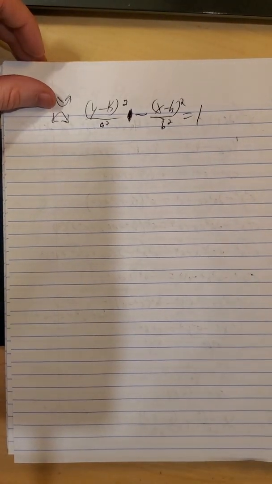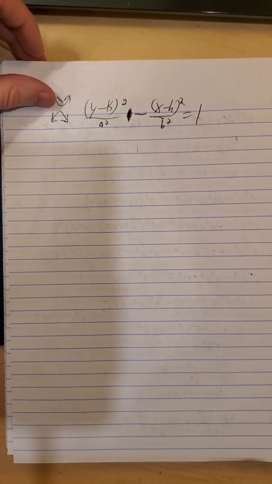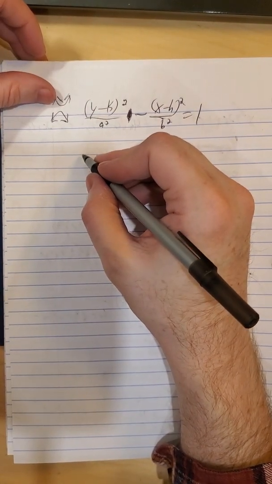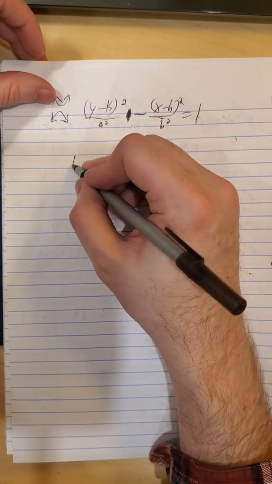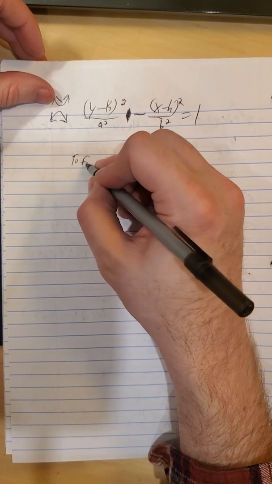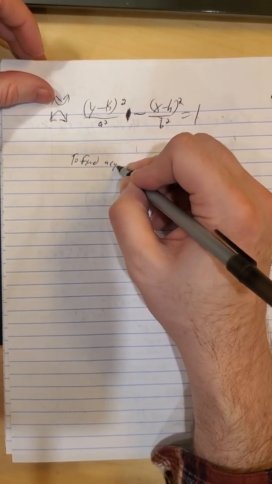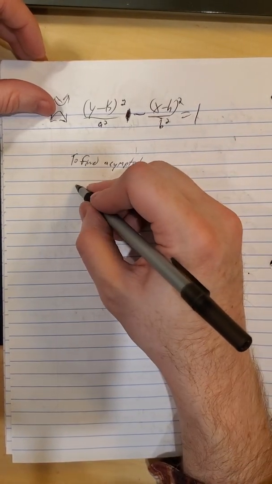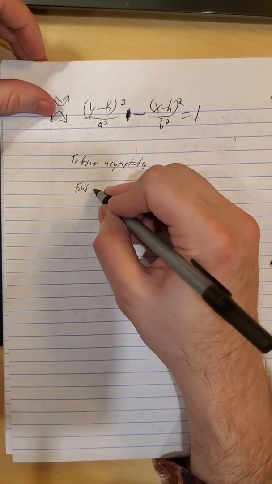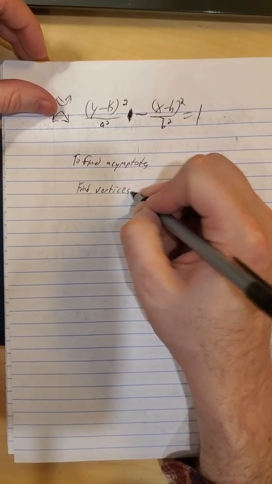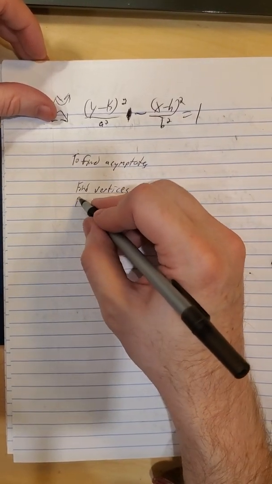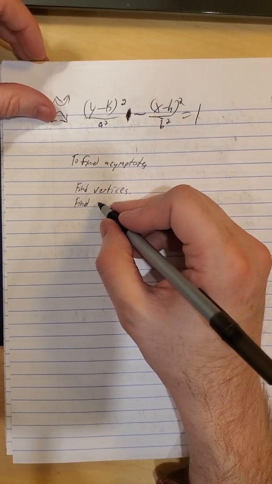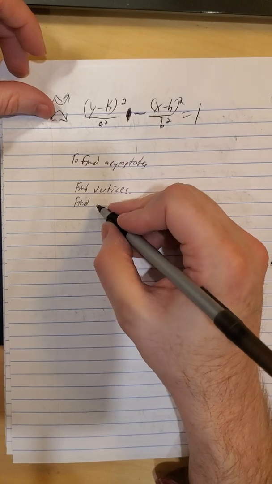Now, as far as drawing the hyperbola, we also have asymptotes. Find the vertices that are actually on this, then find what would have been vertices if we had an ellipse.